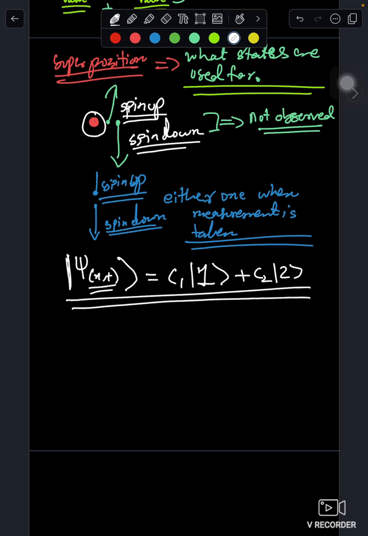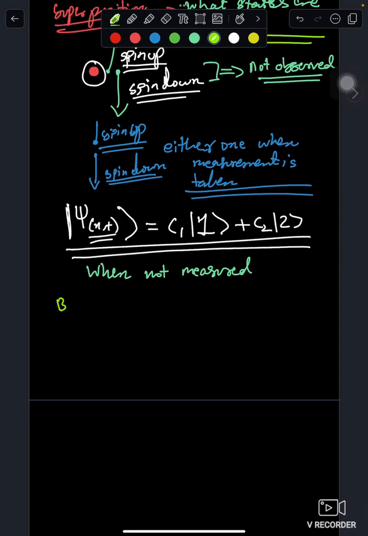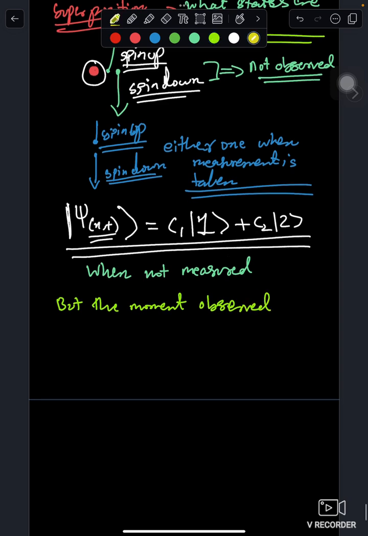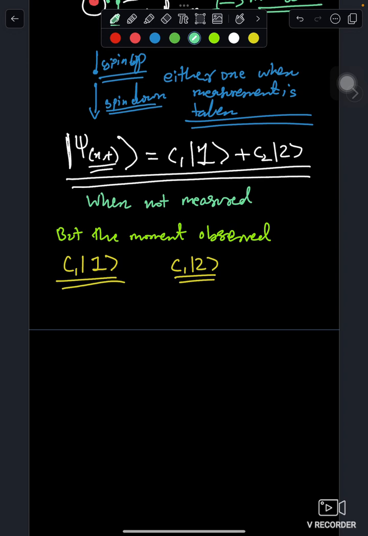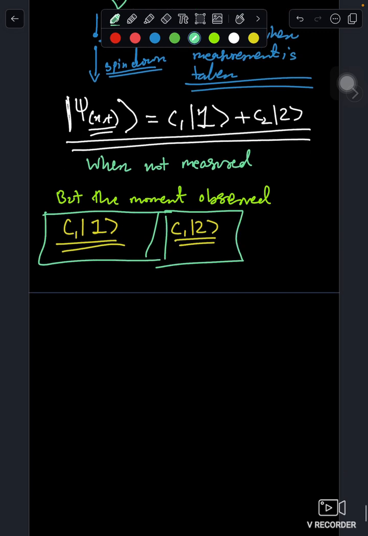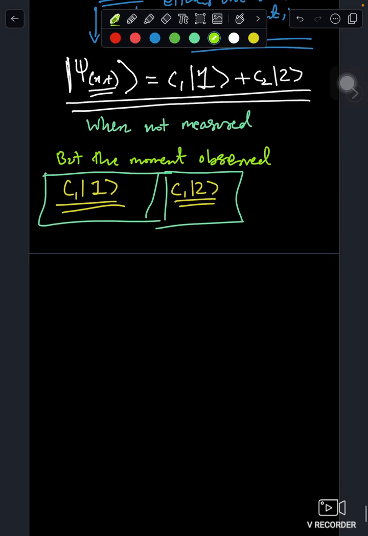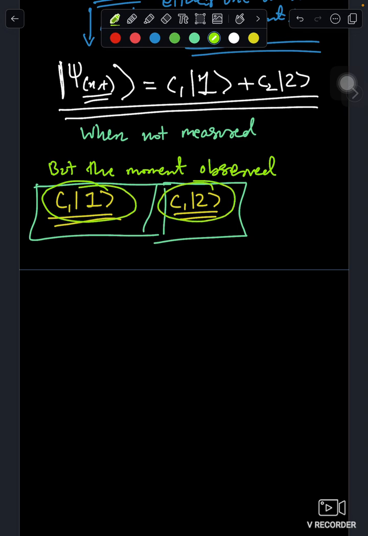This is when not measured, but the moment it is observed, what will happen? Either we get C1 or we get C2. Then it will depend on the probability calculation. So this is C1 and this is C2.